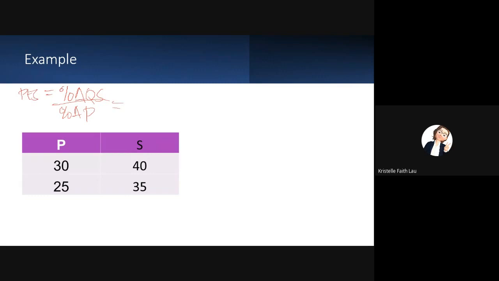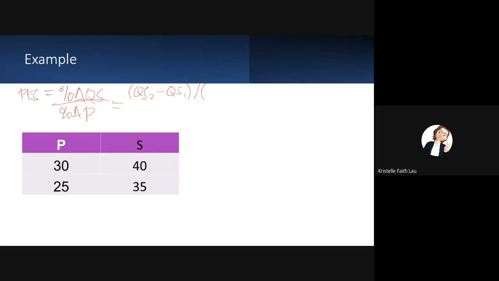So how to get the percentage change in our quantity supply? We have here QS2 minus QS1. Then divide natin siya sa average na average supply natin.